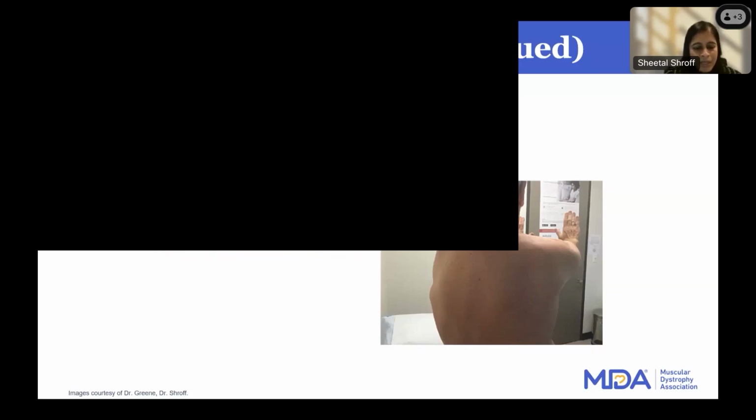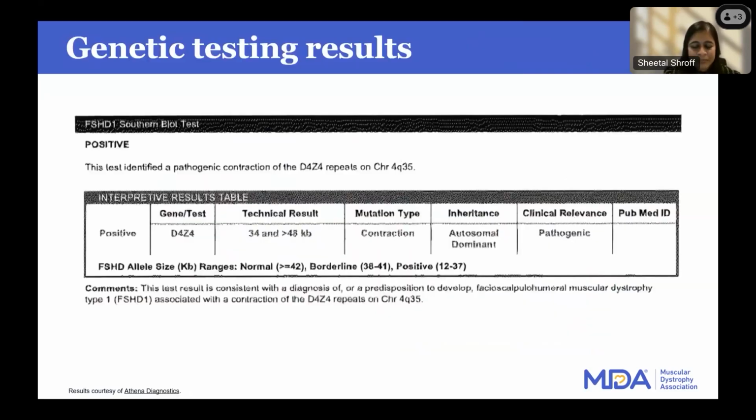In the bottom picture, which is not clearly seen, you can see a protrusion of the scapula when the patient puts the arm in front of him like a stop sign. This is called scapular winging, and it was seen upon examination of the patient's back. Next slide, please.